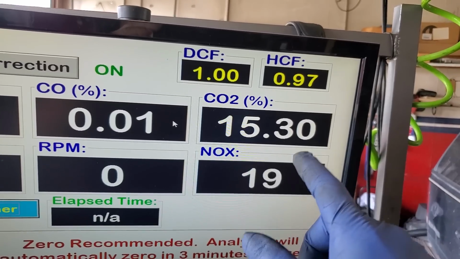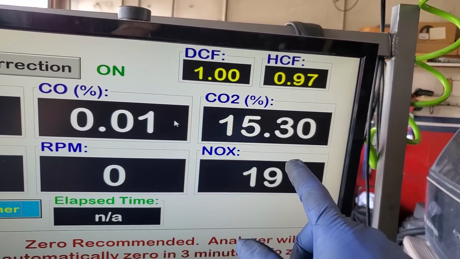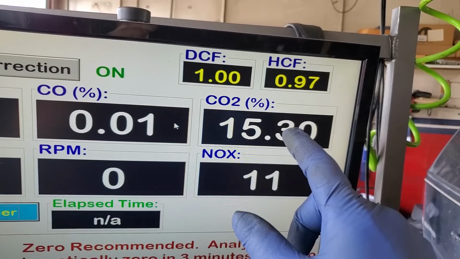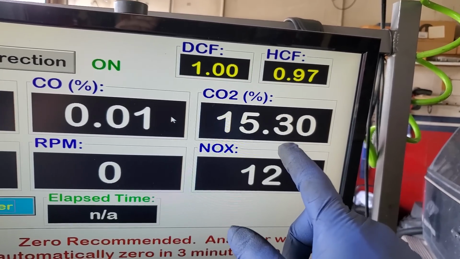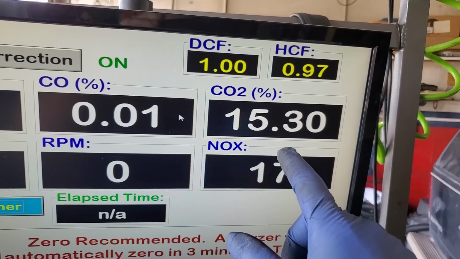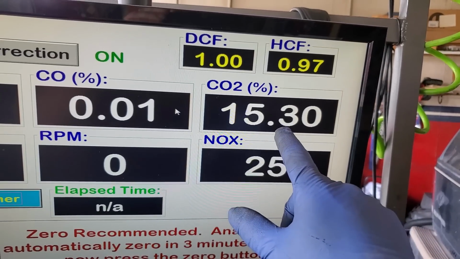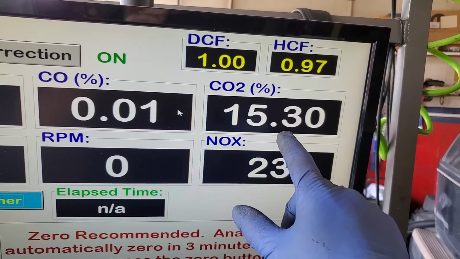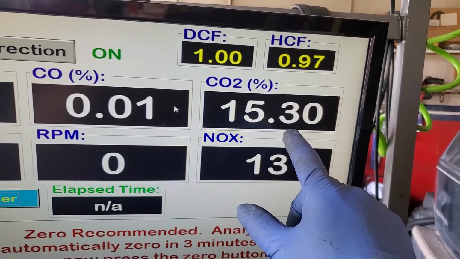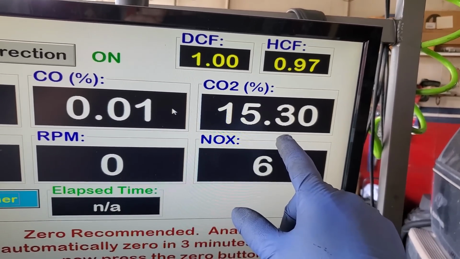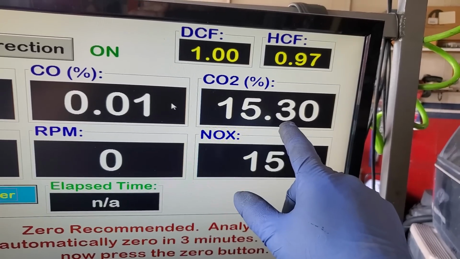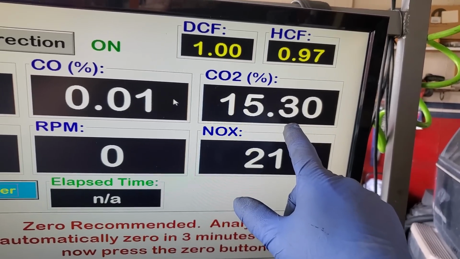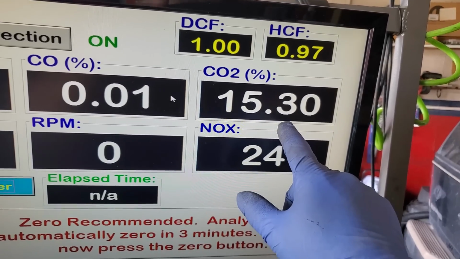So for every pound of gasoline you burn, you're dumping 14.7 pounds of air, of which 21% is oxygen. Now, you end up with, for every gallon of gas burned, 20 pounds of carbon dioxide. This is percent. This is not volume or weight. This is percent. So this is the new boogeyman.